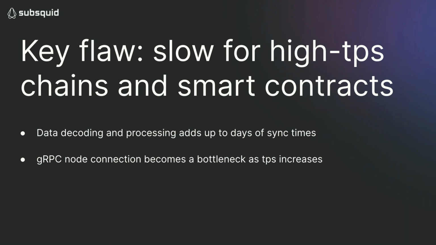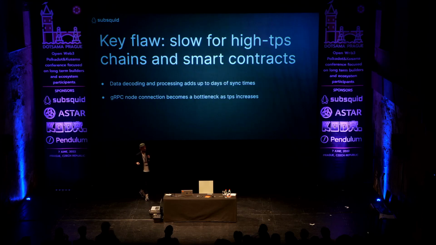Because you're taking data directly from the blockchain, and there is no way that you can discern the useful data from the data that you're not interested in. For example, if you're building a smart contract on Aster, Aster blocks contain information about all the applications and all the smart contracts. But you're really interested only in the contract that you have deployed, because this is your dApp.